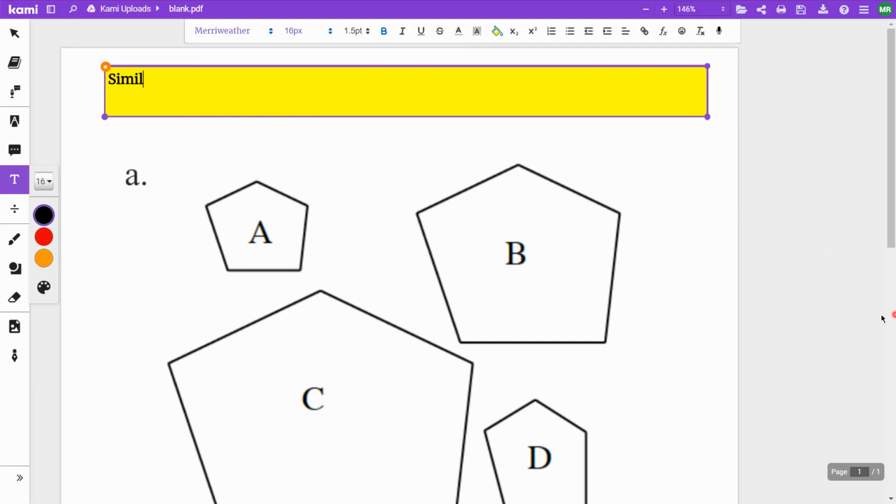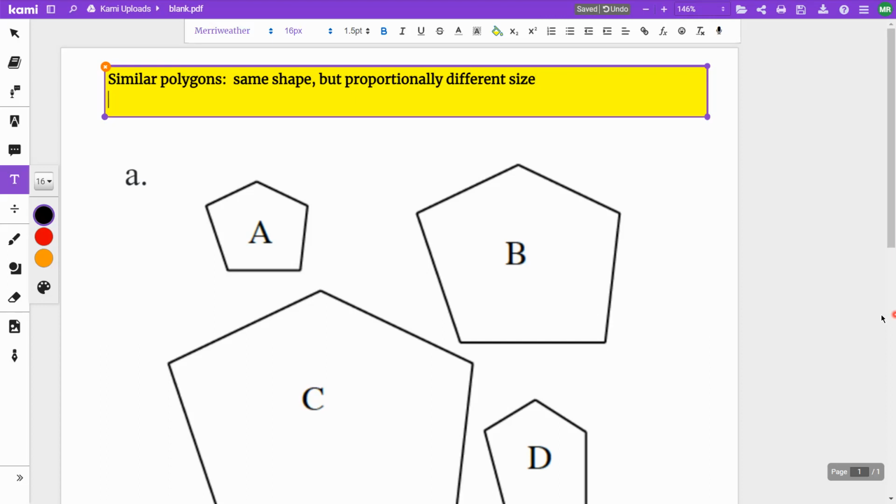similar polygons. And when we're talking about similar polygons, these are ones that have the same shape, but unlike congruent ones, they have a proportionally different size. So they are going to be the same shape, but proportionally a different size.